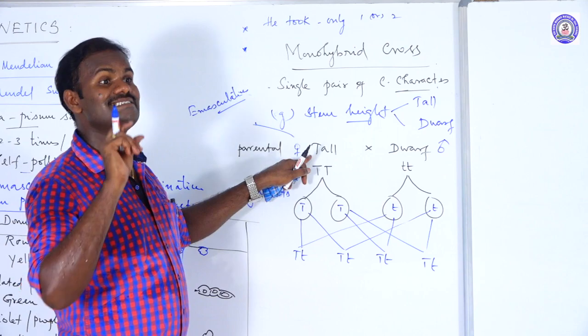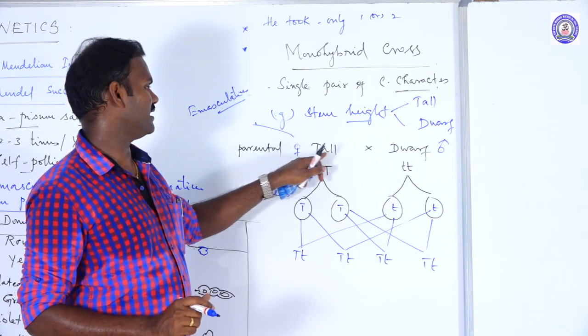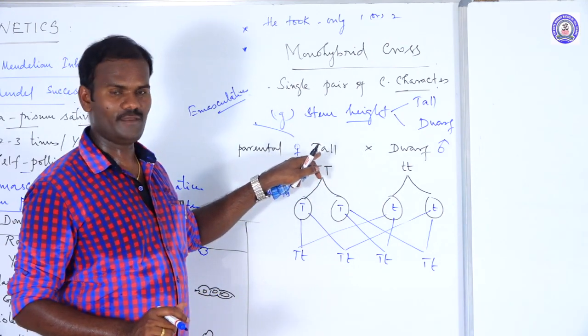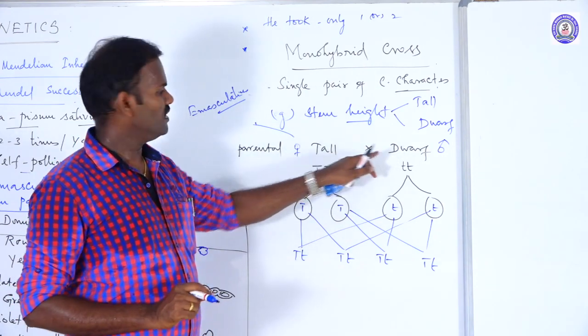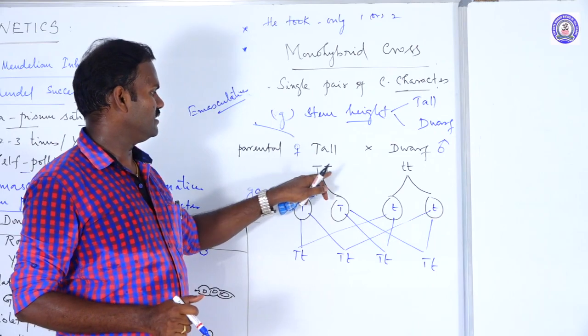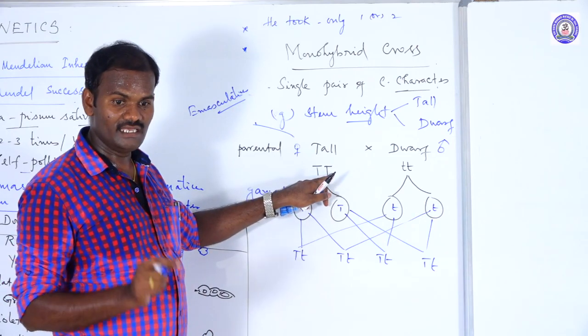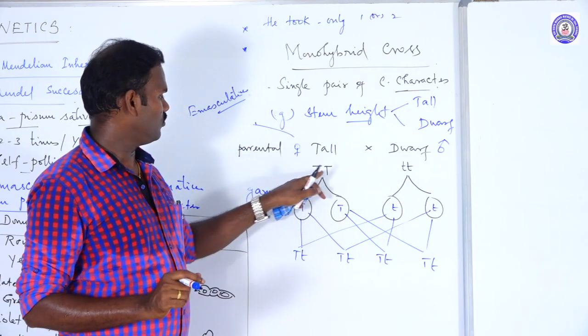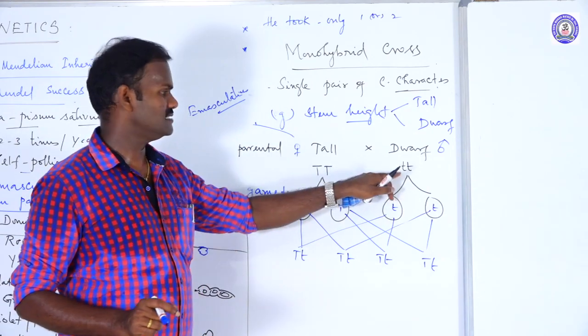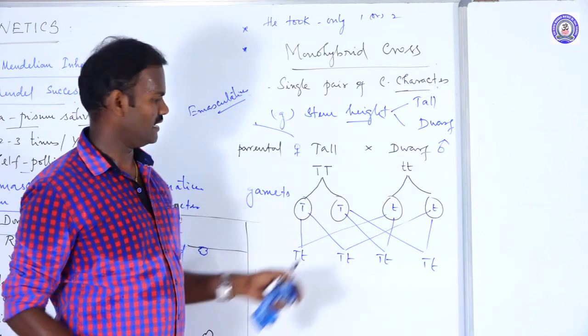Phenotype is the external, morphological characters of the plant, so tall and dwarf are the phenotypic characters. Tall controlled by capital T, the alleles or gene, is the genotype, and small t is also a genotype. The parents are homozygous dominant and homozygous recessive.